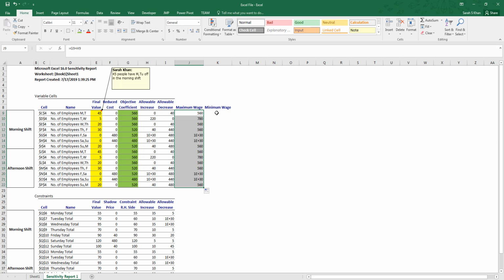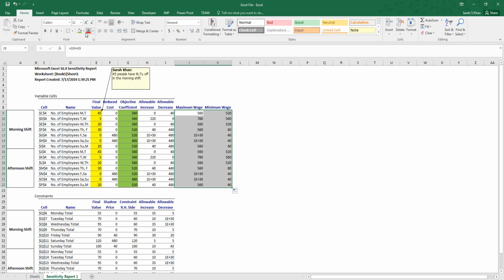I'm going to copy it for the rest of the cells. And my minimum wage is going to be equal to my objective coefficient minus the allowable decrease, because we are adjusting it by subtracting the allowable decrease: how much less we can pay our employees based on which days they're taking off without changing the final value. We go ahead and color code them.